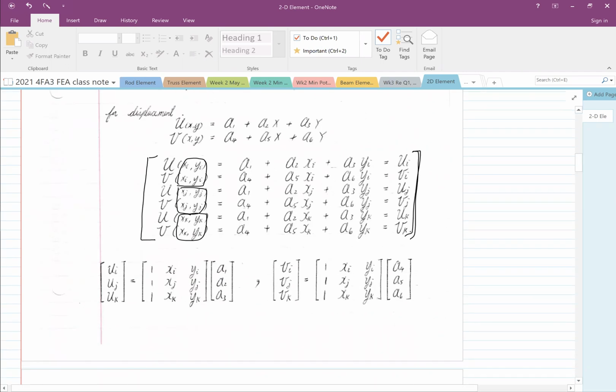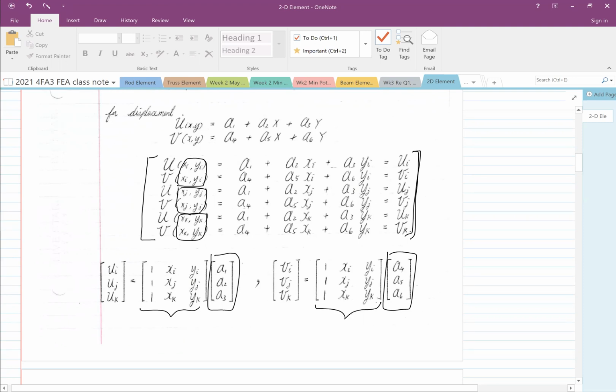Just like what we did in the beam element and the minimum potential energy section, we factor out all the constants A1, A2, A3, A4, A5, A6. Okay, we get this ugly term.